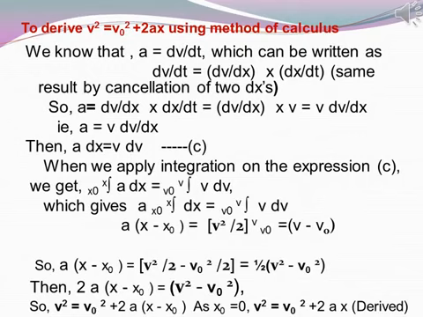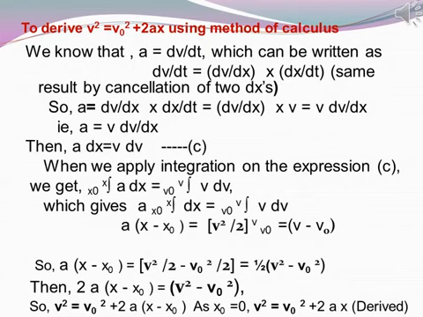So, the equation will become a into x minus x0 is equal to v square by 2. The lower limit is v0 and the upper limit is v.